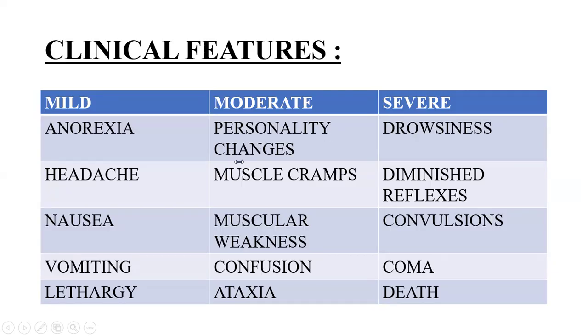This can present with personality changes, muscle cramps, weakness, confusion, and ataxia. And severe is less than 125. The patient can become drowsy with diminished reflexes, convulsions, coma, and in critical, that is less than 110, it can even lead to death.